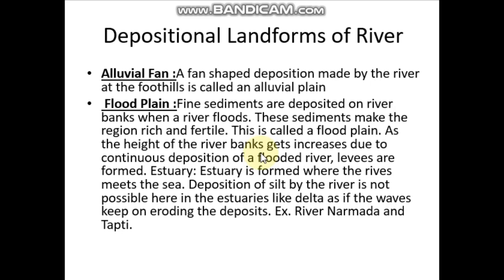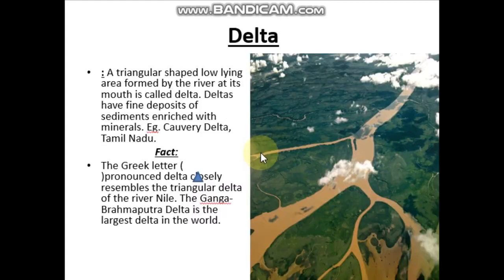Which is the example for this estuary? River Narmada and Tapti. Sometimes they may ask a question, give an example for estuary: river Narmada and Tapti. It is where these rivers end, in the Arabian Sea.